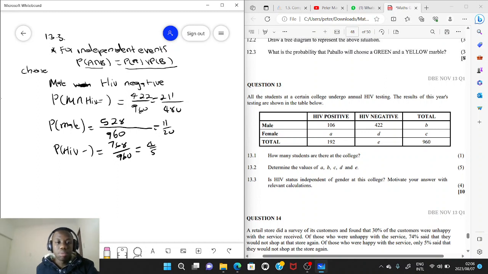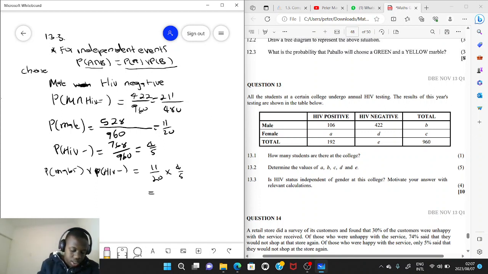We have to multiply whatever we see on the right hand side. So we'll have the probability of males multiplied by the probability of HIV negative, right? So we'll say 11 over 20 multiplied by 4 over 5.